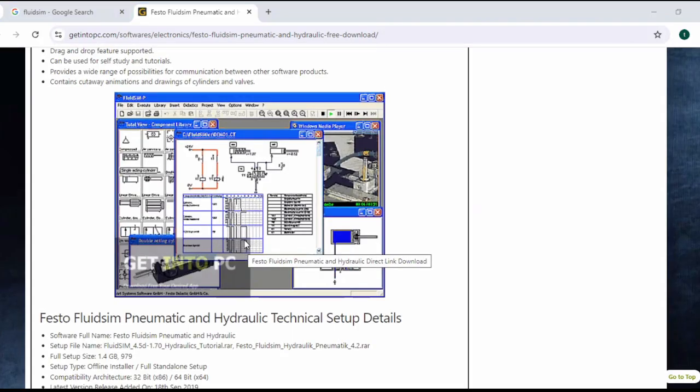There are some YouTube videos you can try. You can identify components, everything using this software. Here in this part, you can identify main components: pumps, actuators, motors, cylinders, valves.